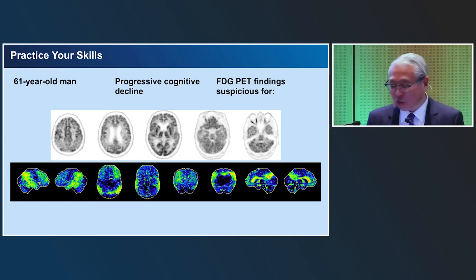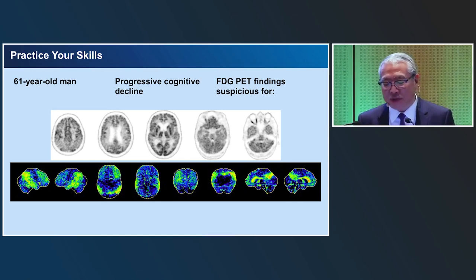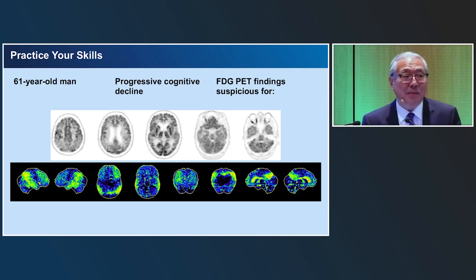On the transaxial scan, you see some decreased uptake in the parietal lobe, extending to the posterior part of the temporal lobe. The subcortical structures are relatively preserved, and the occipital lobe is relatively preserved. There is also the precuneus here, and the posterior cingulate. These are also decreased on the statistical map, as you can see. So this is a typical Alzheimer patient.